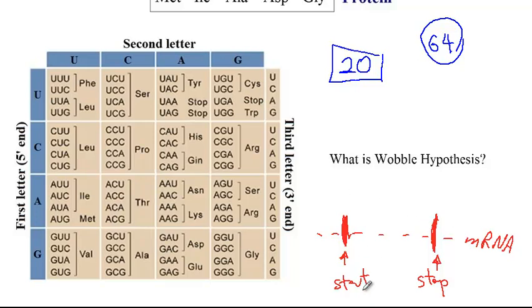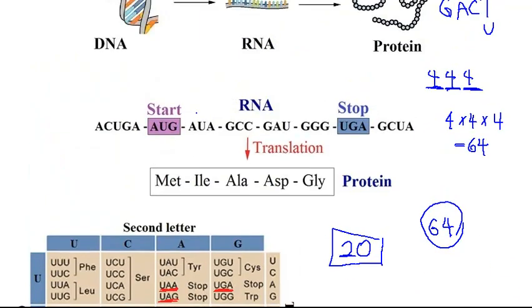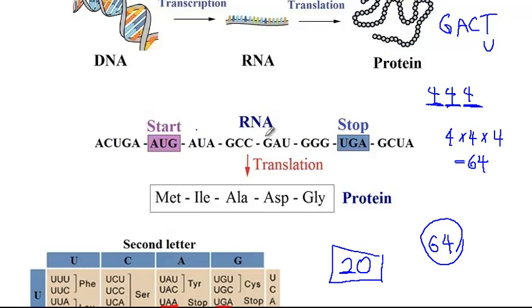The code for the start codon is AUG, while the codes for the stop codon are UAA, UAG, and UGA. In the example shown right here, you can see that we've started translation from the point where we had AUG, and as soon as we reach a stop codon, UGA, we have stopped the translation.